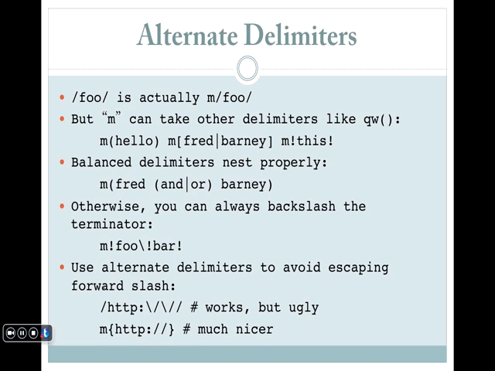So here, for example, m open parenthesis hello close parenthesis will also match, as we saw with foo in parentheses. If I want to use the options with the bar, here I am using the square bracket: m open square bracket Fred or Barney close square bracket.